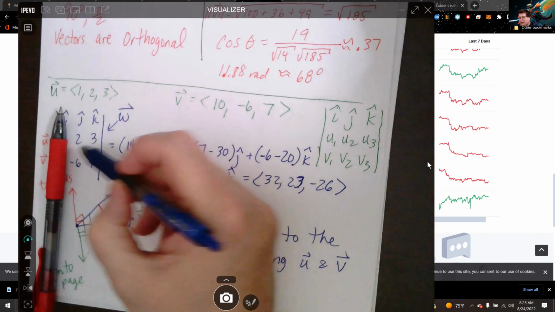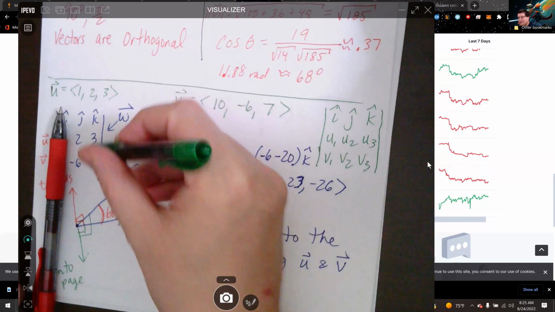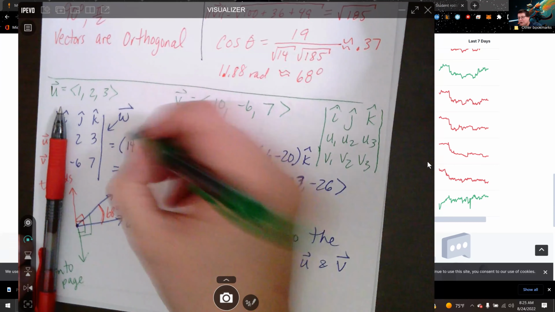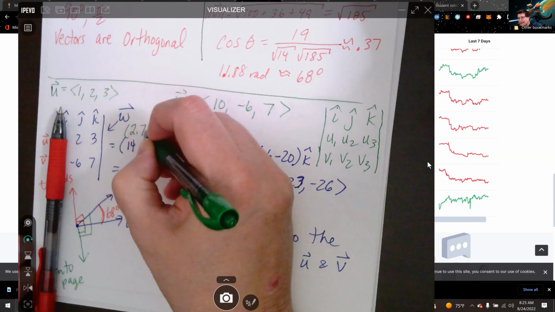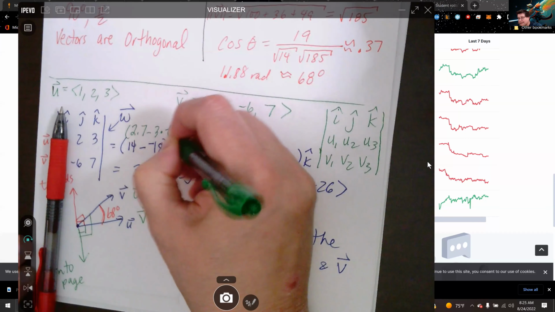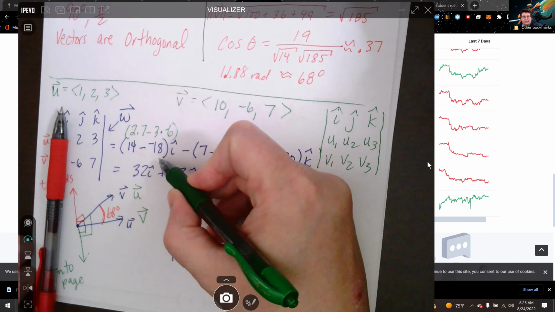I have a 2x2 matrix of numbers right here. The 2, 7, the 3, -6. So I did a determinant on that. 2 times 7 minus 3 times -6. So that's where I got the 14 and the -18.